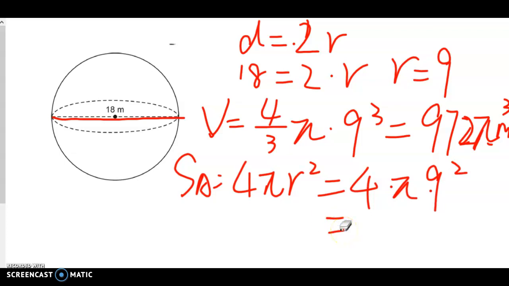That's equal to 324 pi meters squared. Okay, that is the answer.